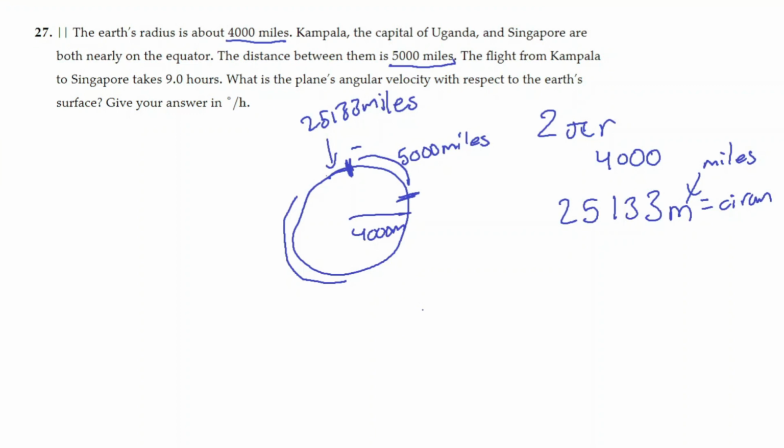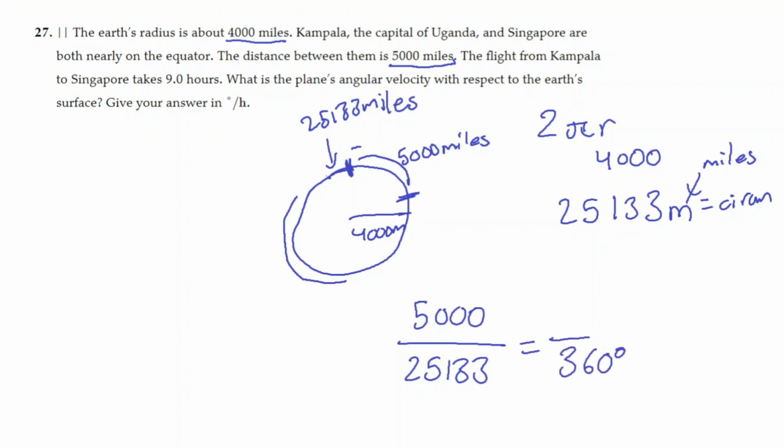So we know that there are 5,000 miles between the locations, and there are 25,133 miles over a whole circumference of the Earth. We also know a circle is 360 degrees. We want to find out what degrees is going to give us the proportion that's equal here.